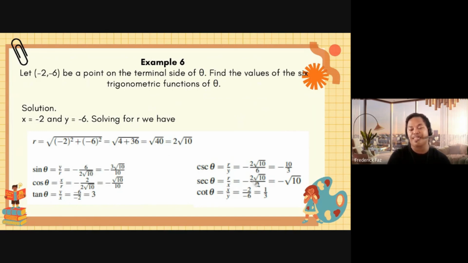So 2 divided by 2 is 1 times the square root of 10 is negative square root of 10. Let's have cotangent theta, the reciprocal of tangent, x over y. If tangent is positive 3, we take the reciprocal, and its reciprocal is equal to 1/3, which is the value of cotangent theta.